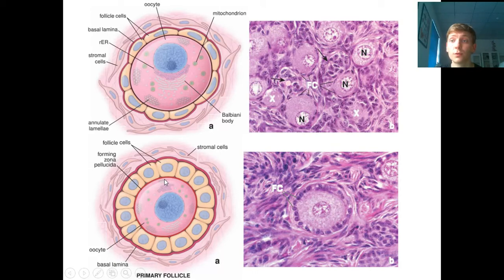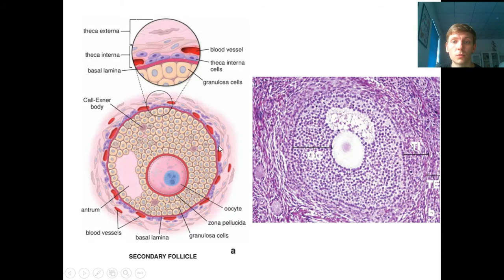But then, under the influence of follicle-stimulating hormone, the follicular cells of some follicles become cuboidal to columnar, and even after columnar, they become multi-layered.